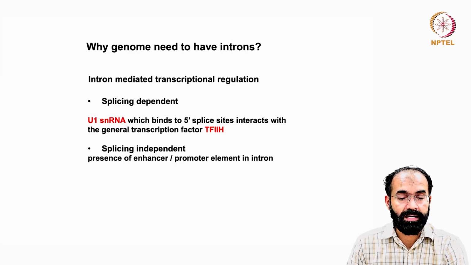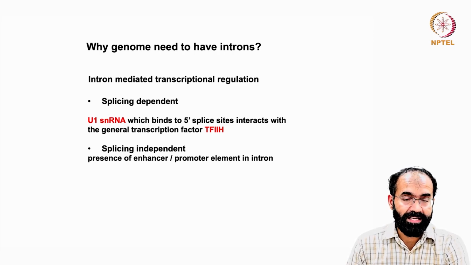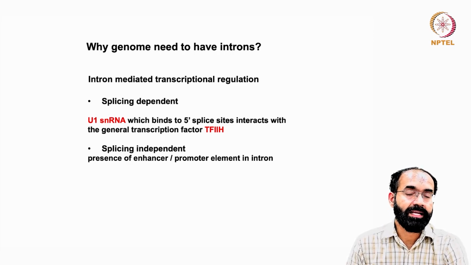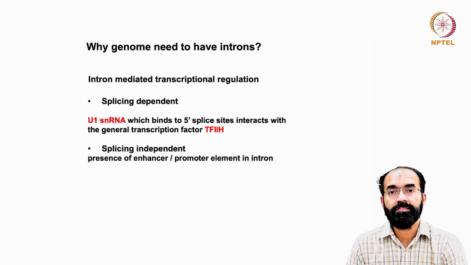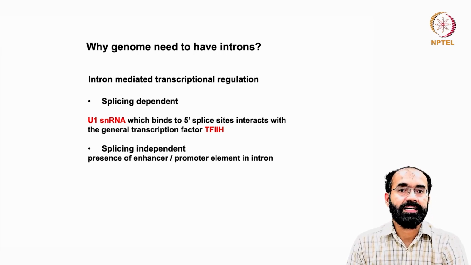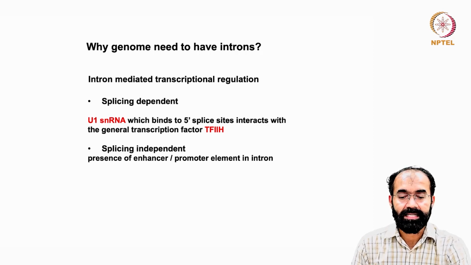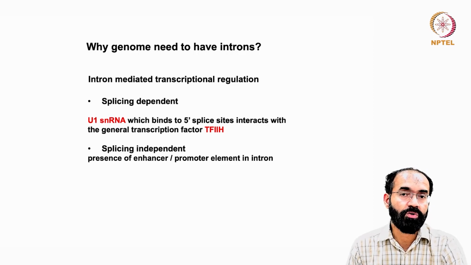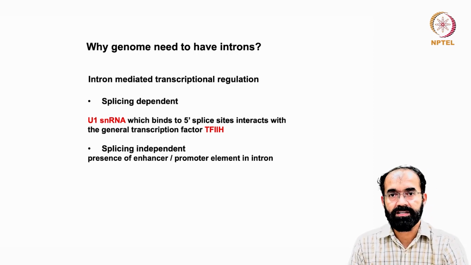So U1 snRNA is normally important in splicing. Remember, when the RNA comes out, soon after the transcription begins, you have the capping event that takes place, and also U1 snRNA binds to the 5' splice sites and can also interact with the transcription factor TFIIH, which is bound onto the DNA. So the RNA has just started its transcription.